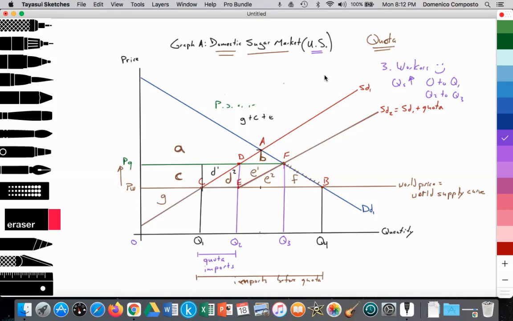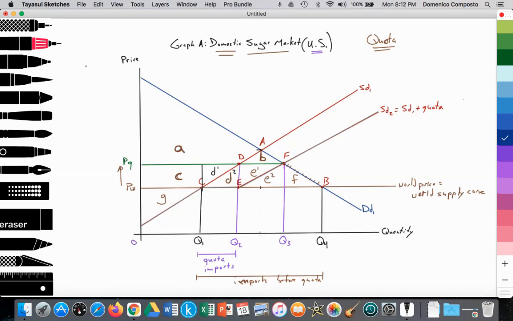What about the government? Let's take a look at the government. All right. Next point, looking at the government. They do not gain any revenue.